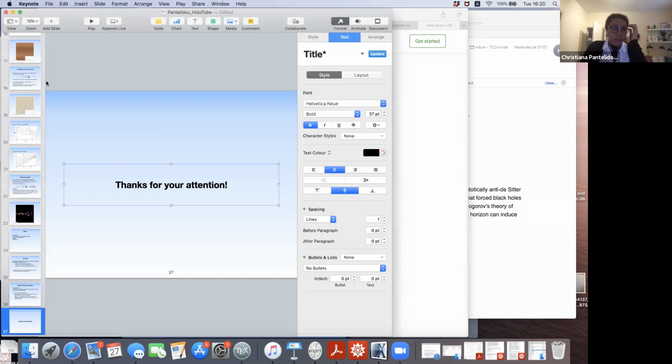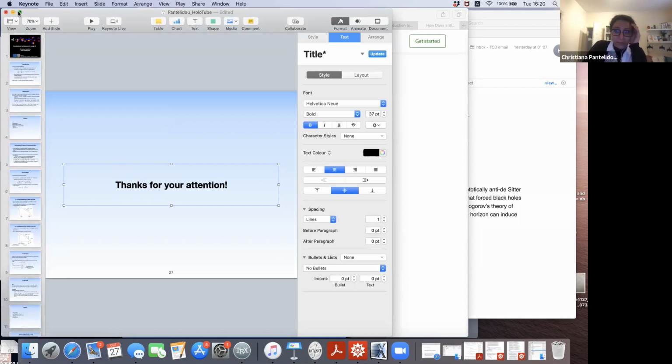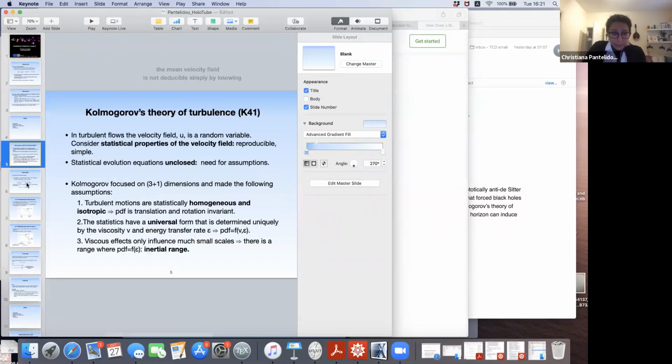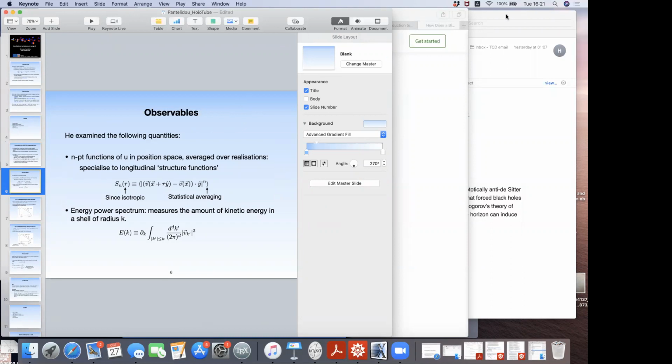Yeah, sorry. You were asking about the scaling argument by Kolmogorov and whether it applies in the case where there are additional charges in the system, correct? Yes, that's right.